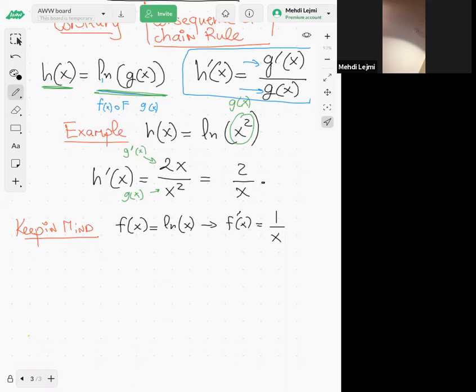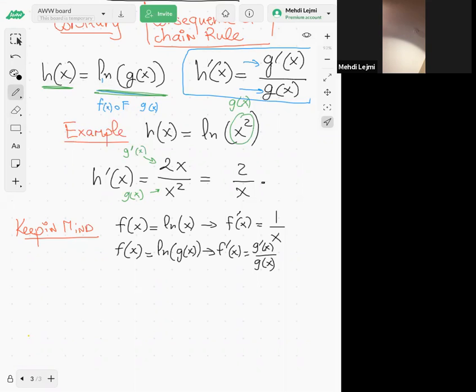And if you have f of x equal to natural log of some function g, then the derivative is g prime of x over g of x. That's what you really need to keep in mind.